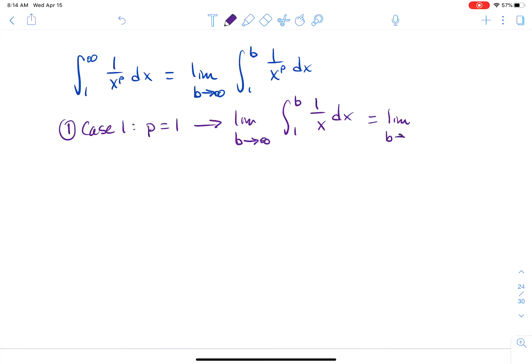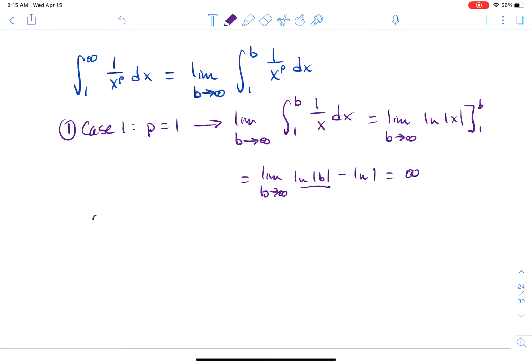Limit b goes to infinity of the natural log of the absolute value of x, from 1 to b, which is equal to the limit b goes to infinity, natural log absolute value of b, minus the natural log of the absolute value of 1, which is 0. And that one, as we've seen before, diverges. I plug infinity into our natural log and that thing's going to shoot off to infinity. Doesn't matter if we're subtracting 0 from it or not.